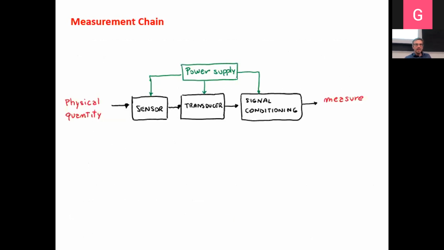And this is the measurement chain, which is a series of instruments and procedures that are connected in order to acquire the physical quantity, elaborate it, and obtain the reading at the output. And as I said, this is sensor, transducer, and signal conditioning.